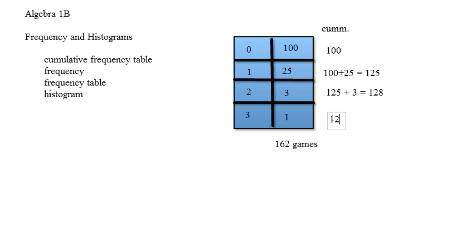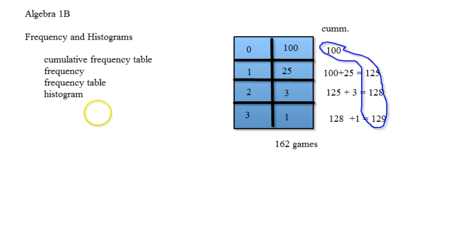And this would be 128 plus 1, which equals 129. You would more than likely see these numbers in the cumulative category, although I probably wouldn't say you would see this in this type of situation. This is how a cumulative frequency table actually works.